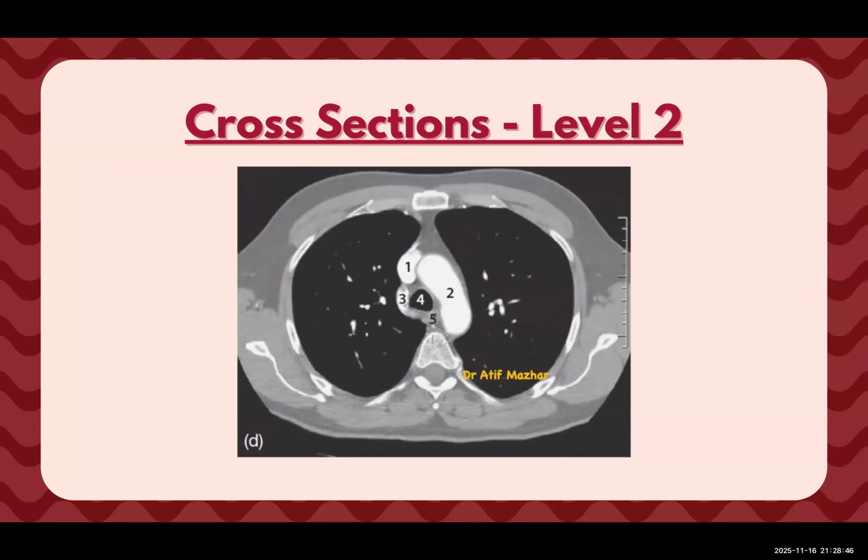Yeah, 4 is the trachea. 5 is the esophagus. And 3 is the azygos? 3 is the azygos. But can you repeat what 1 is again? 1 is the superior vena cava.